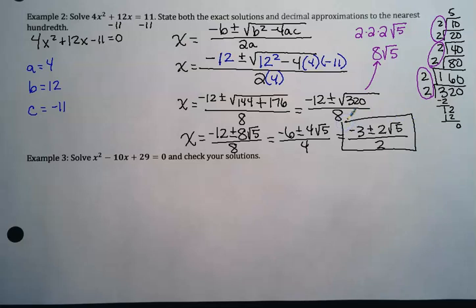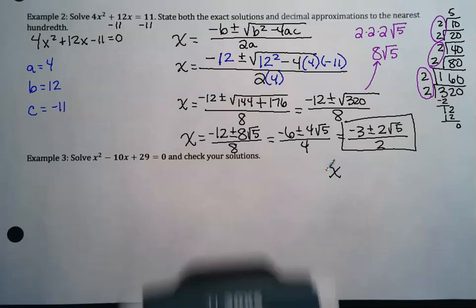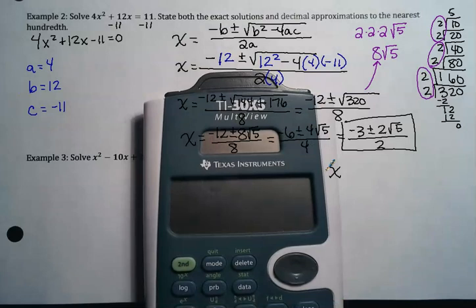And then we need our decimal approximations. So remember, that's when you can use your calculator, and you're going to add 1 and subtract 1. So in your calculator, let me clear it out here from the last one. You're going to have negative 3 plus 2 times the square root of 5, right? Negative 3 plus 2 times the square root of 5. And I should have put some parentheses in there.